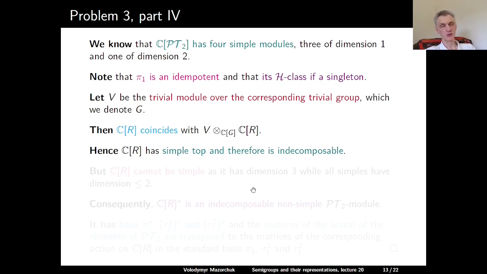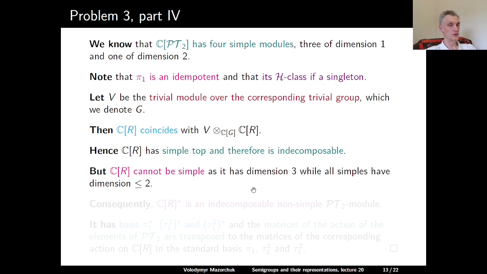And a module with simple top is automatically indecomposable. But this module cannot be simple. It has dimension 3, and we just said that all simples have dimension 1 or 2. So C of R is a 3-dimensional indecomposable right Pt2 module which is not simple. We can dualize it and get a 3-dimensional indecomposable left Pt2 module which is not simple.